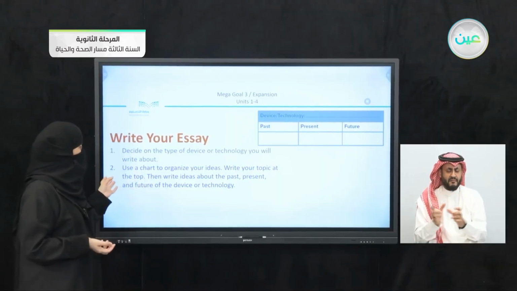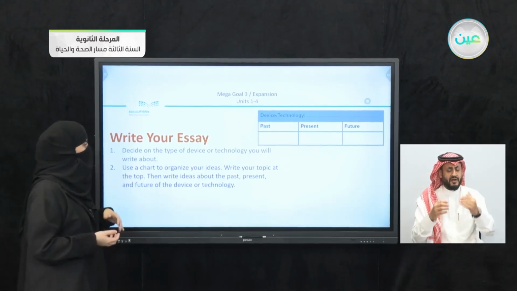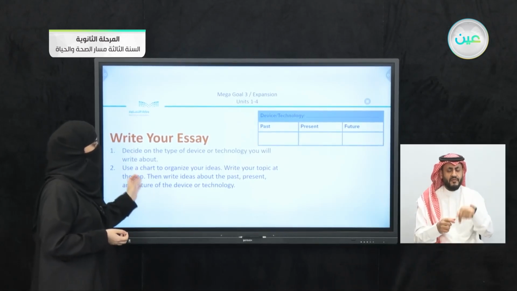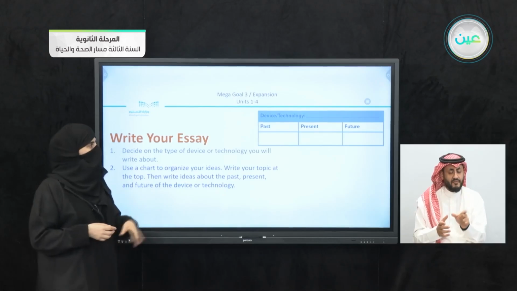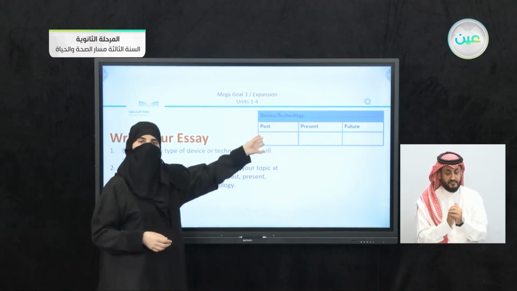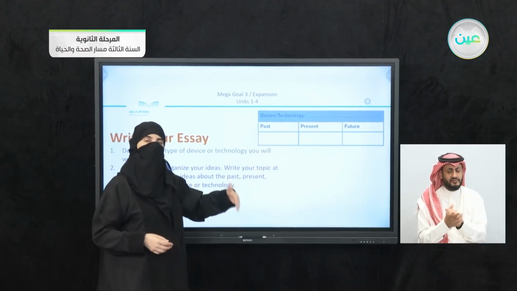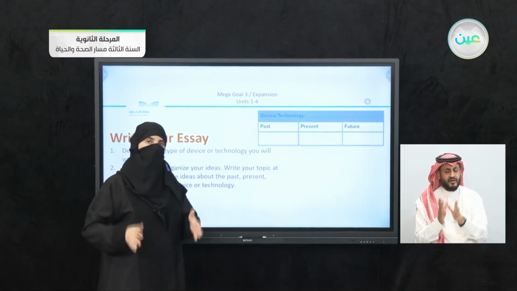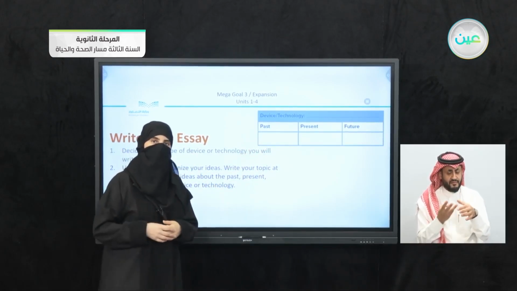Write your topic at the top, and then write ideas about the past, present, and future of the device or technology. So you can see that the table here is divided into 3 parts. You're going to choose your device or technology, and then you are going to write about the same device in the 3 tenses.